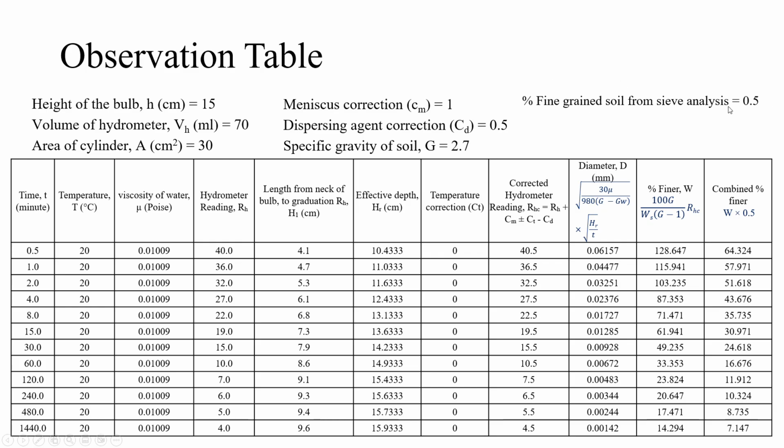Percentage fine grained soil means the percentage finer than the 75 micron sieve, how much of that soil has passed through the 75 micron sieve. Here from sieve analysis, we got that 50% soil passed through the 75 micron sieve, that is 0.5. So just multiply this factor with the percentage finer, and we will finally get the combined percent finer.